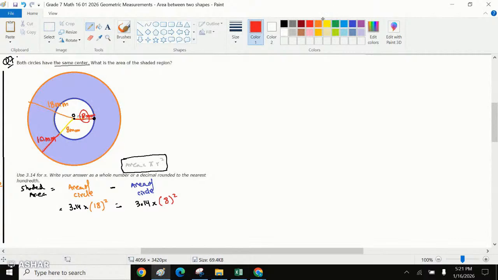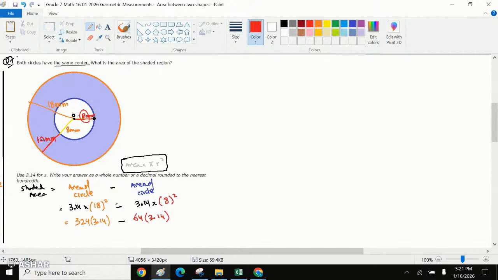Okay, so can we write this as 324 into 3.14 minus 64 into 3.14, right? Whenever we have the same number being multiplied in two or more terms, we can always take a common factor, or we can simplify also.